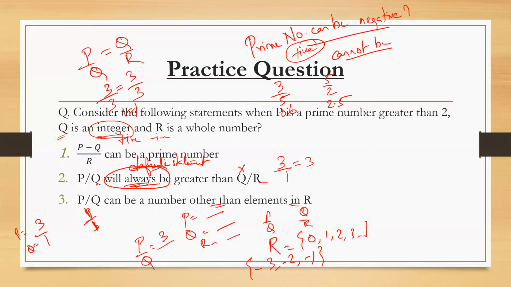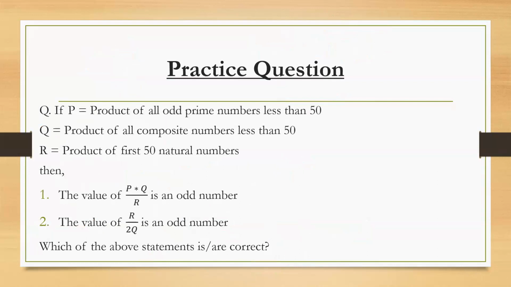If you have understood all of this, let us go to the next question. Now we are getting into the interesting part of number system. Now we are not just limiting three variables to the three basic types: prime number, composite, and whole numbers. Now we are assigning values also.